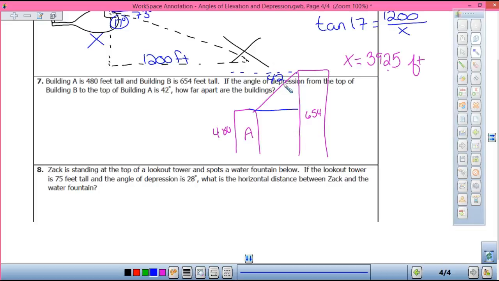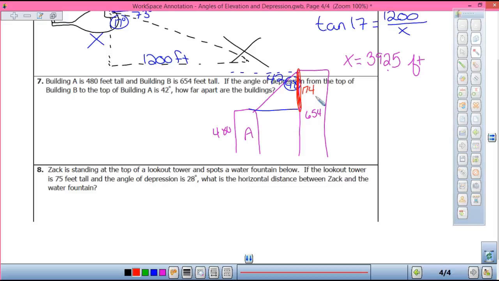No. What is the angle in my triangle? 48. Okay. Now, what is this distance right here? Yep, you gotta take your 654 minus 480. Alright, so this guy's 174.